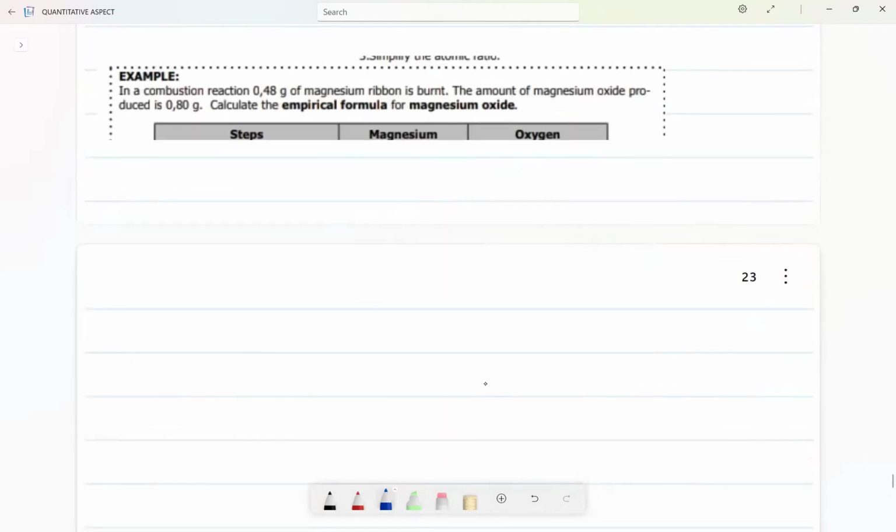They say in a combustion reaction, 0.48 grams of magnesium ribbon is burnt.